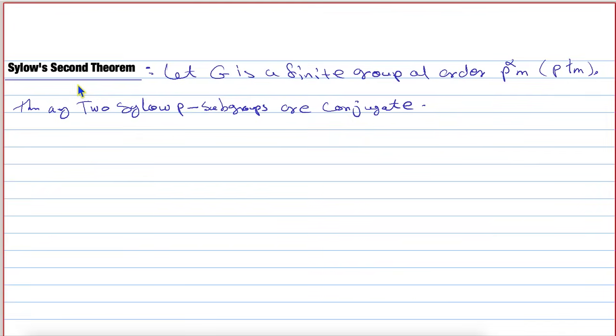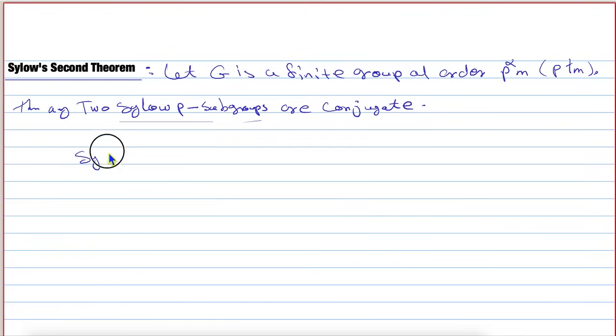So in the first Sylow theorem, we proved that the set of Sylow p subgroups is non-empty. It contains at least one subgroup. And before we go into the proof, let's conceptualize what this means.